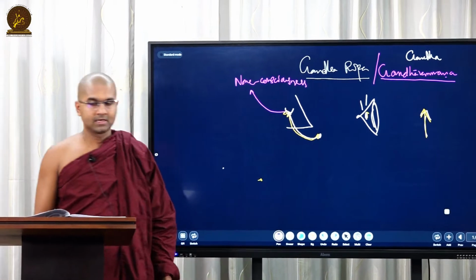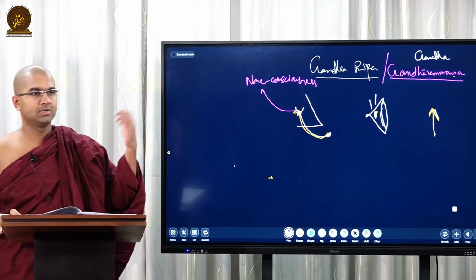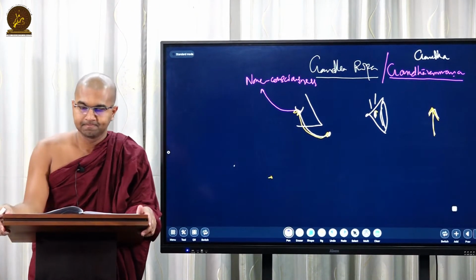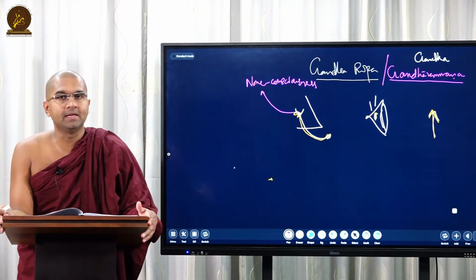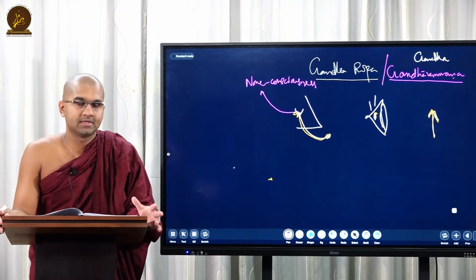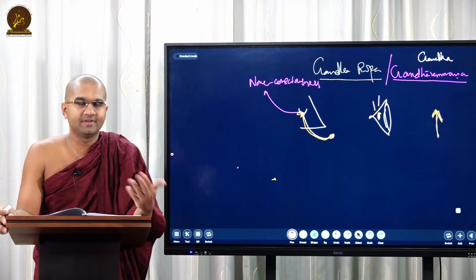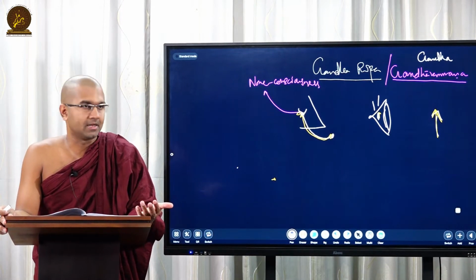Gandha ayatana and Gandha dhatu are also two other terms that we normally find. It is also an inbuilt quality according to the Abhidhamma. This smell is found within the Rupa Kalapa.